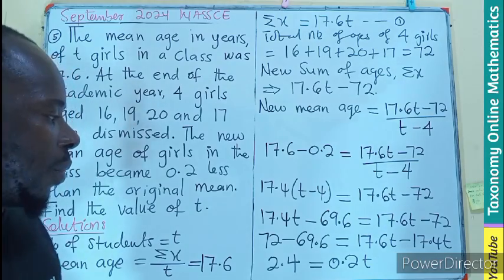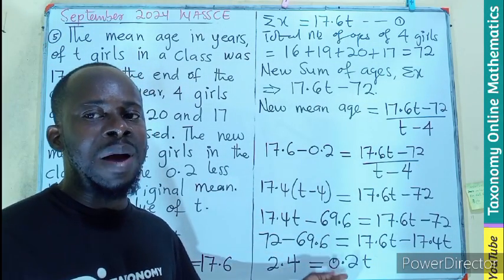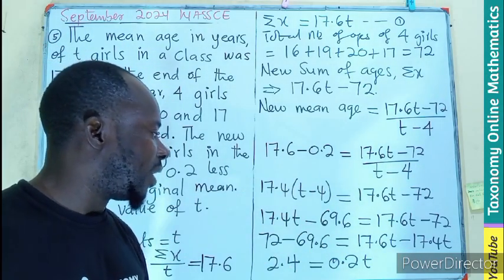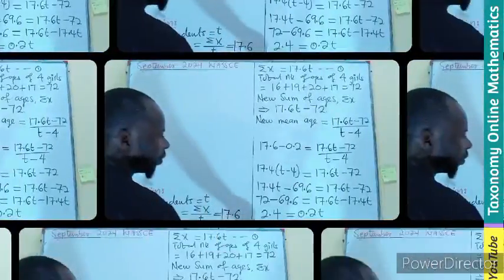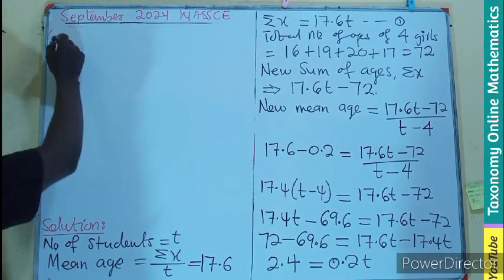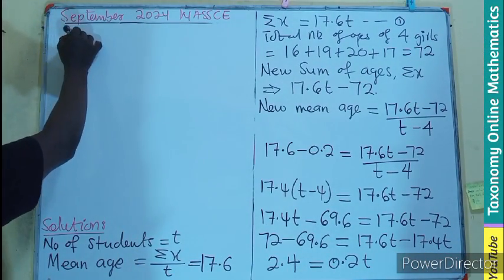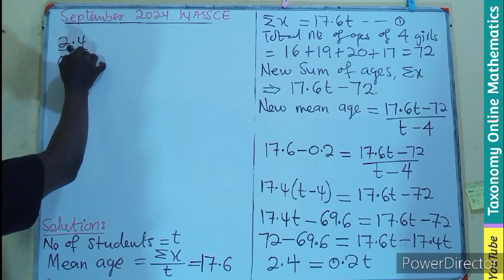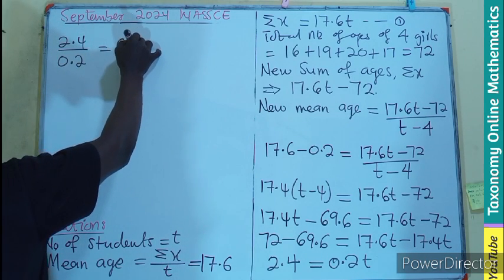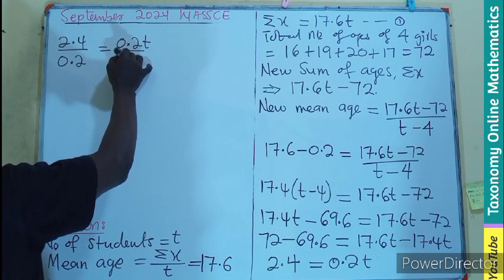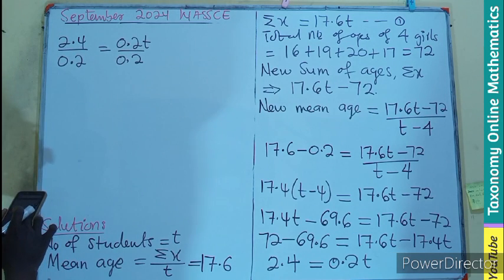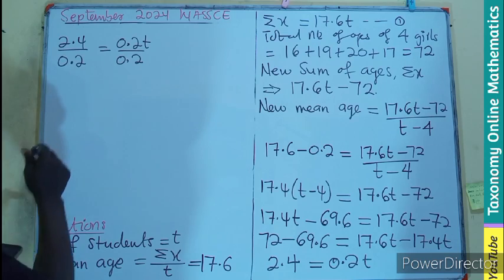So now where we are is to divide both sides by 0.2 to know what the T will be. So now from here it becomes 2.4 divided by 0.2, and 0.2 T divided by 0.2. So what would that be?